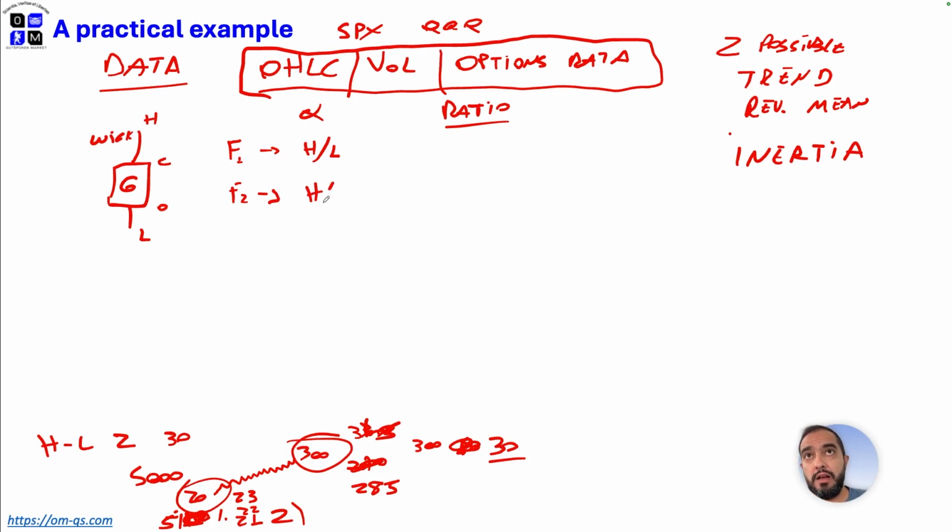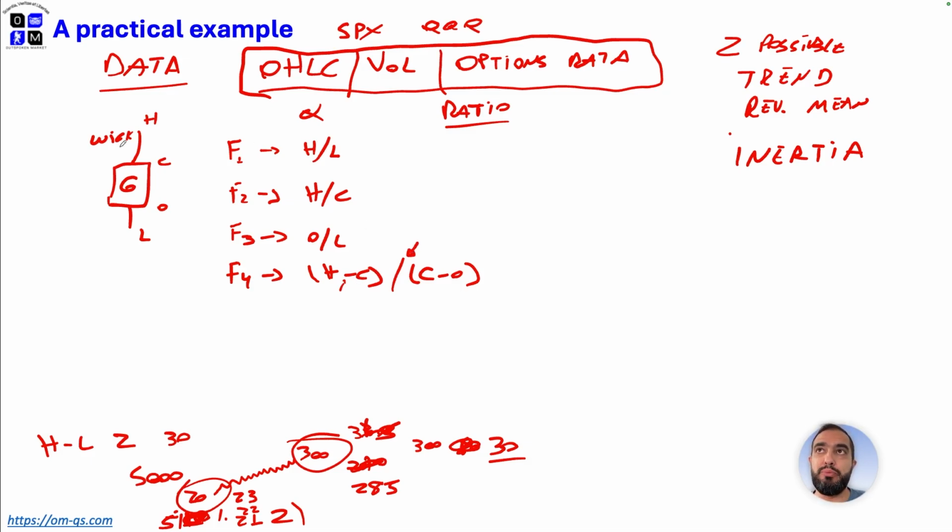So you have high and close, feature 3 that is open and low, and a feature 4 that is the ratio between high minus close divided by close minus open. This is not strictly a ratio, but it doesn't matter. I'm getting the proportion of the wick in relation to the body of the candle.